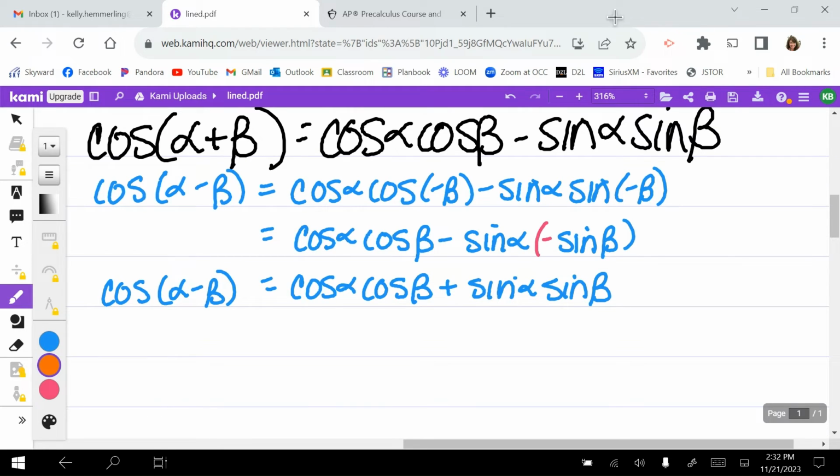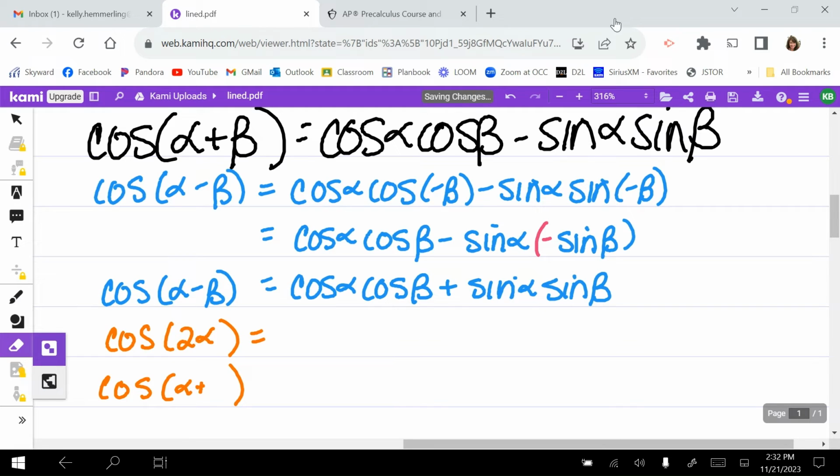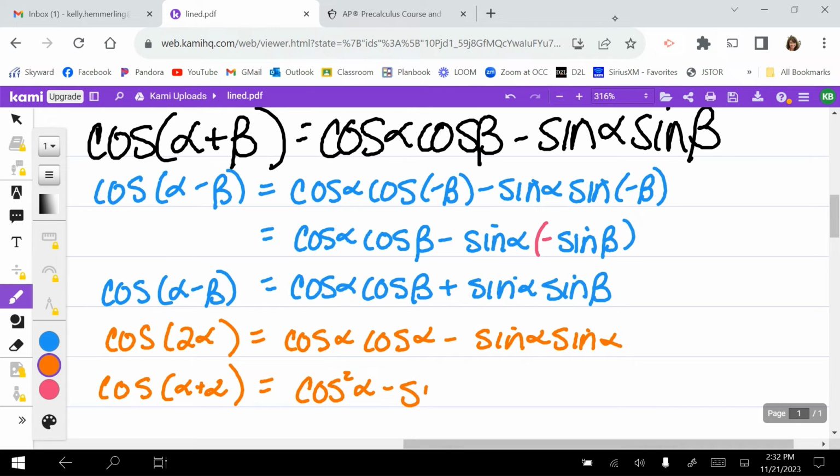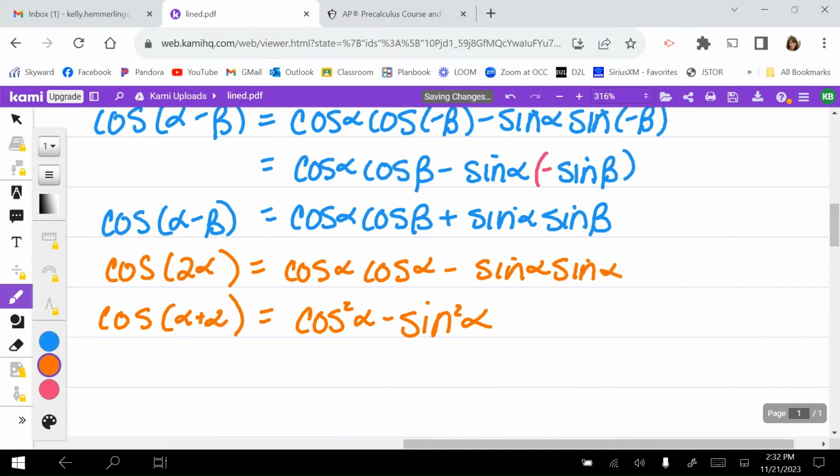Now let's take a look at cosine of 2 alpha. So that would be the same thing as cosine of alpha plus alpha. So cosine of alpha cosine of alpha minus sine of alpha sine of alpha. That's cosine squared of alpha minus sine squared of alpha.